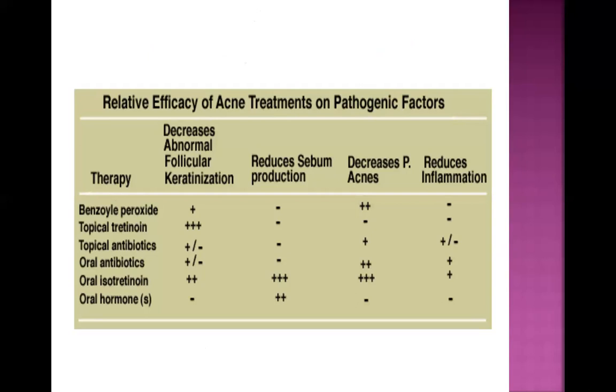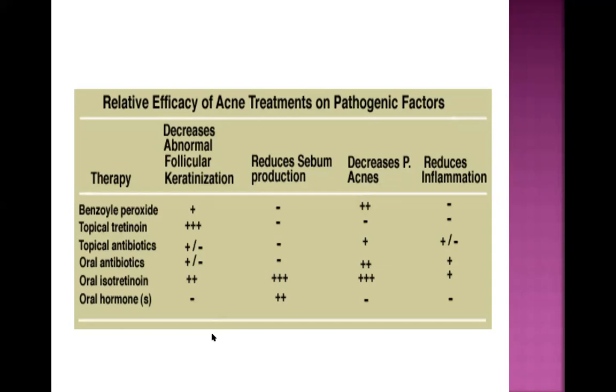These are the commonly used drugs on this side, and these are the different functions of these drugs: decreases abnormal follicular keratinization, reduces sebum production, decreases Propionibacterium acnes concentration, and reduces inflammation. So just look at this table and tell me which is the most potent or effective drug among all, if I combine all the functions.